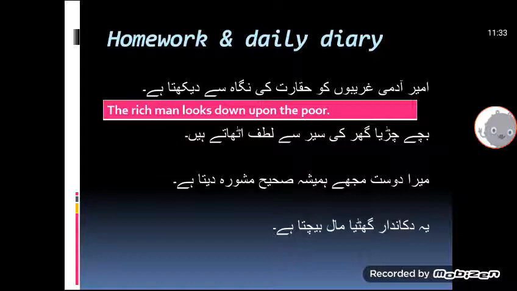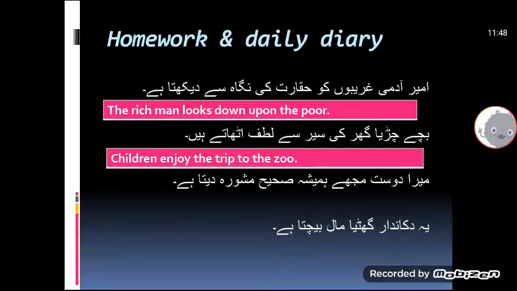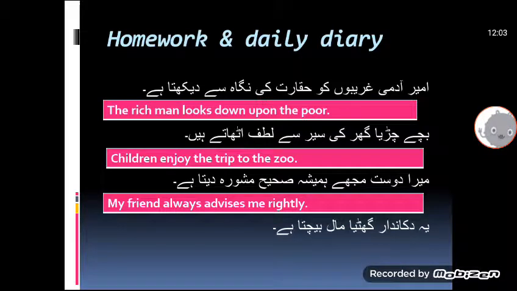The rich man looks down upon the poor. Clear? The rich man looks. Now you can see with the first form of verb we have used s here. Clear? Children enjoy the trip to the zoo. Clear? Children is a plural noun, so that's why we cannot use s or es with the verb enjoy. And my friend always advises me rightly. Clear?